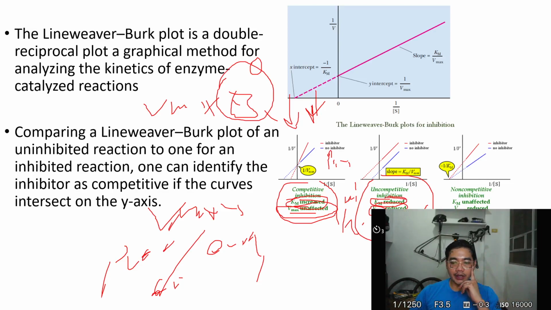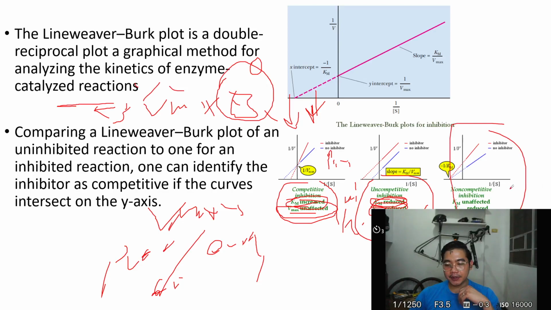Okay, so your Km is reduced also because like I said, since your Vmax went down, the ceiling is lower. So you need less substrate for you to reach your one half Vmax.